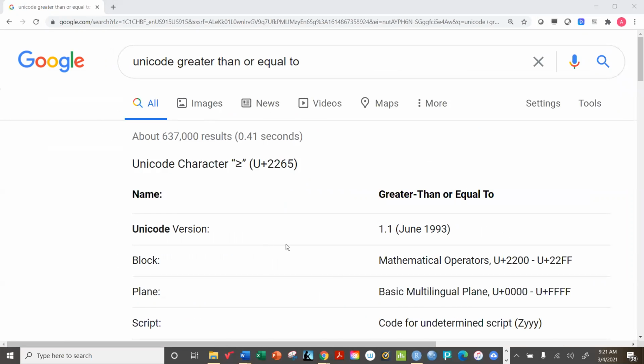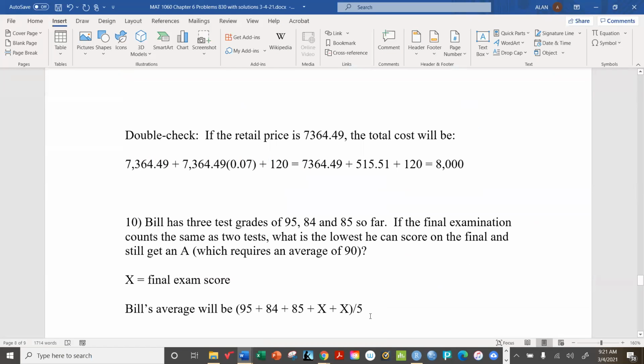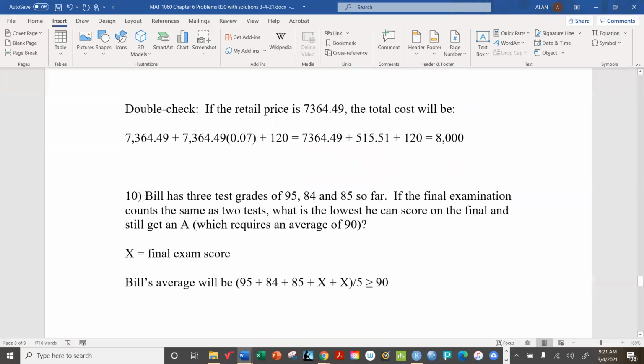Okay, that's 2265. 90, there you go. So we'll consolidate these numbers in parentheses. 95 plus 84 plus 85. So it's 264 plus 2x over 5 is greater than or equal to 90.